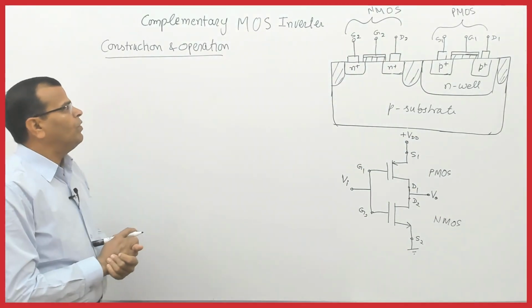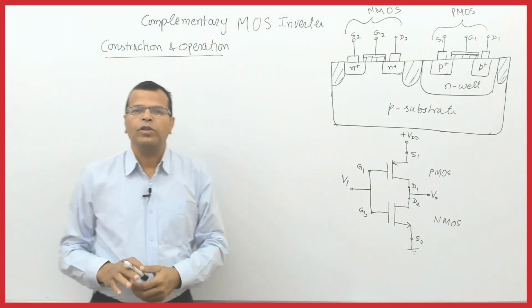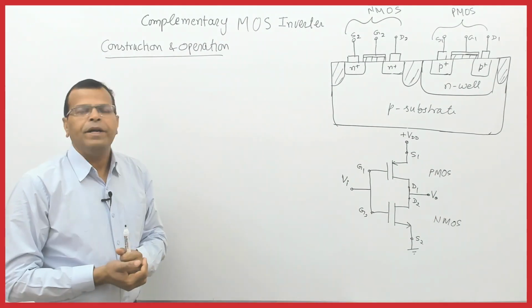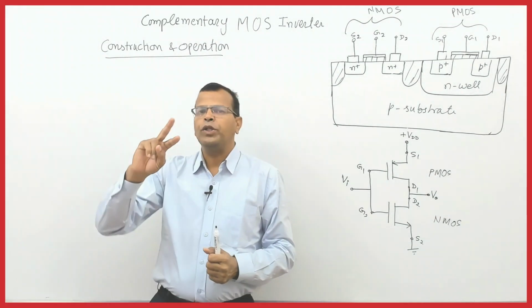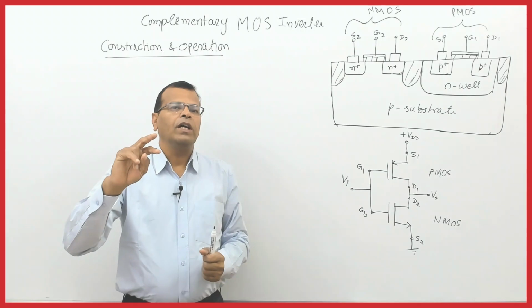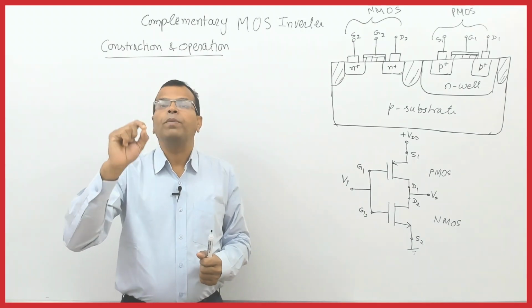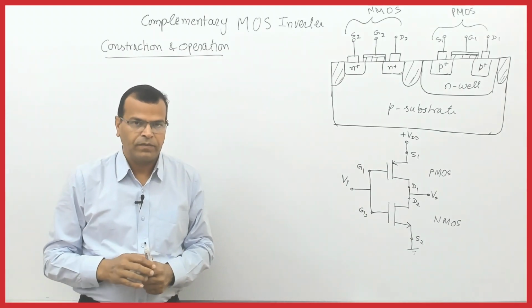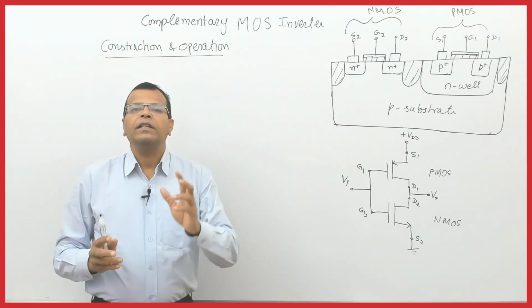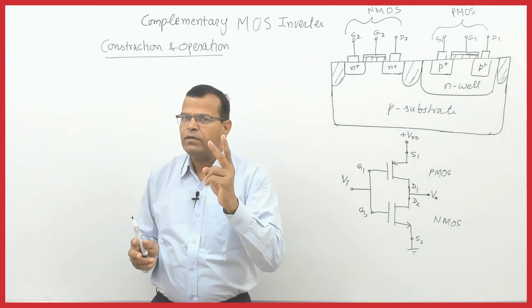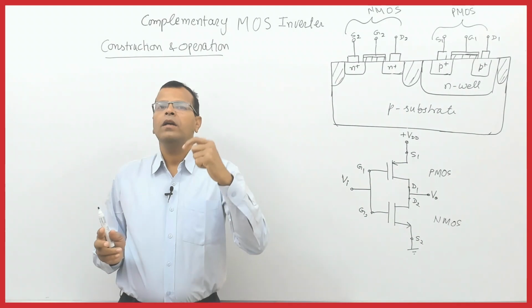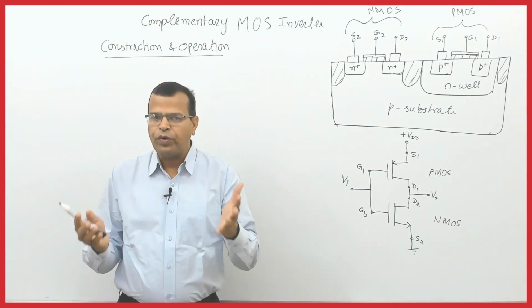Now we will see the operation of the CMOS inverter. Remember, in digital circuits we have only two levels of voltage, either 0 or plus VDD. In any digital circuit we have only two voltage levels at any point, 0 and the power supply voltage VDD.